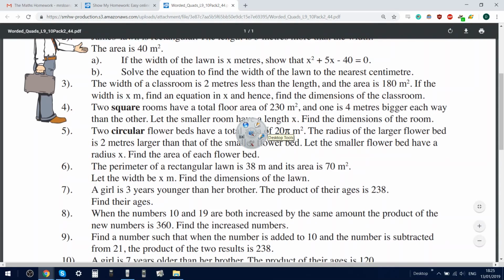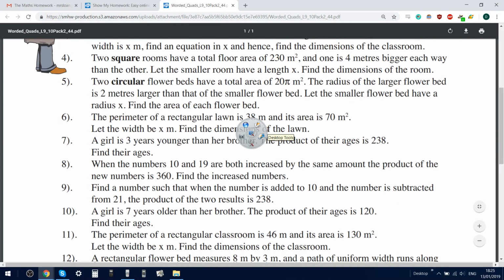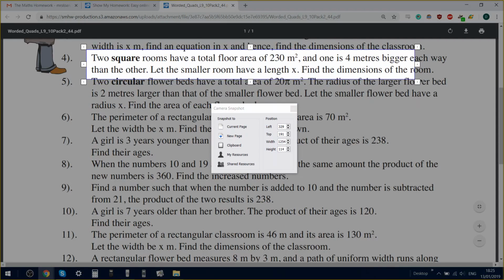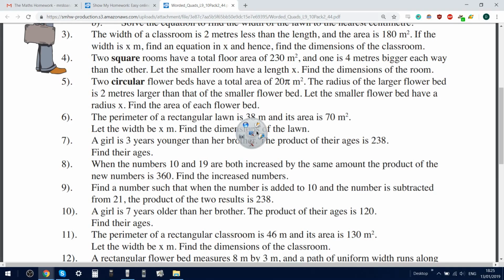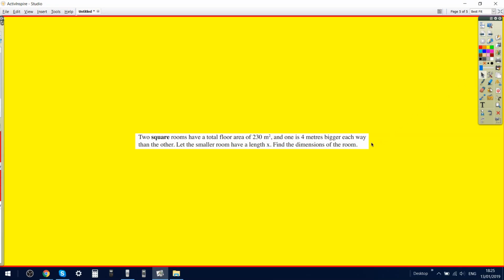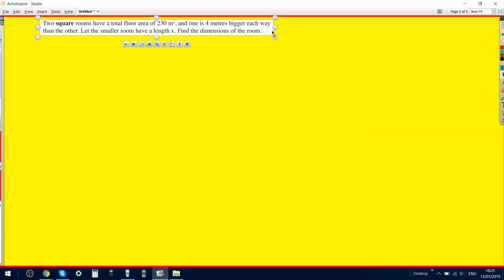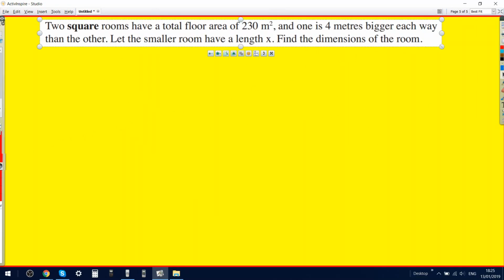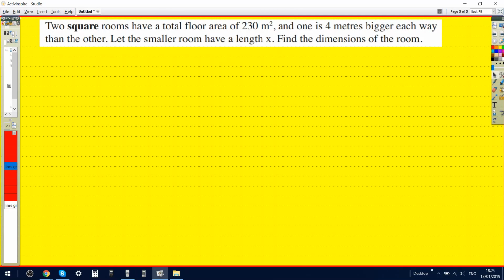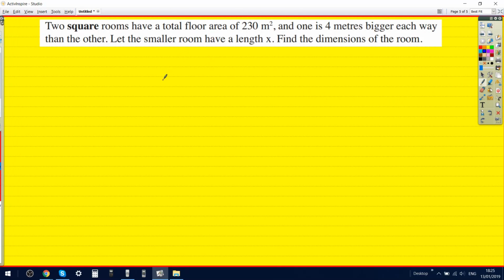Number 4 was the one I found quite difficult. I started off and then there was quite a few numbers and symbols, so let's see. So you've got 2 square rooms.